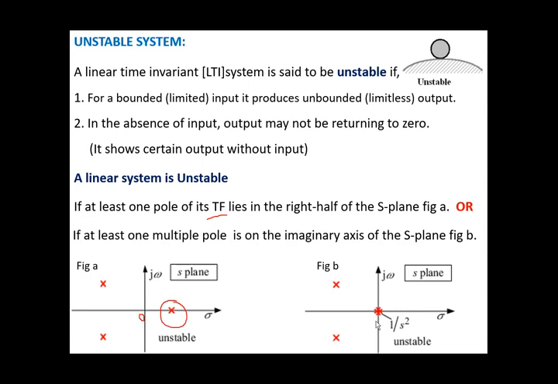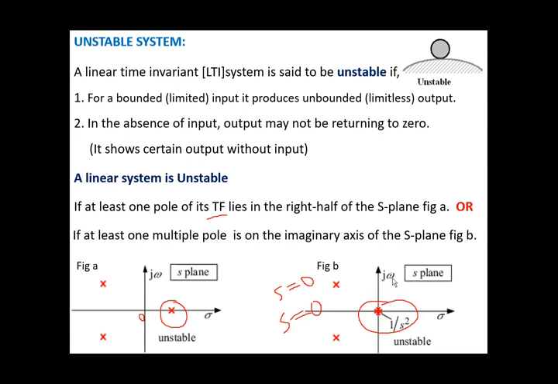And the second condition is if there are multiple poles, or you can say repeated poles. For example, S equal to 0 is one pole and also S equal to 0. So in this graph we have two poles or two roots at the origin, that is on the imaginary axis.